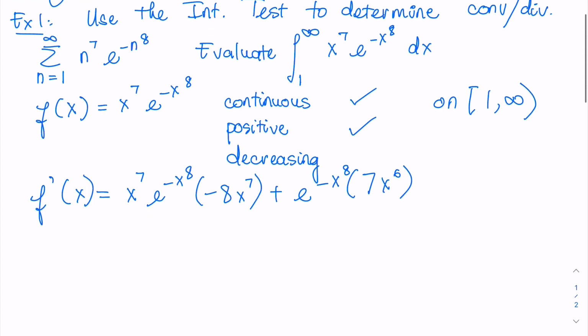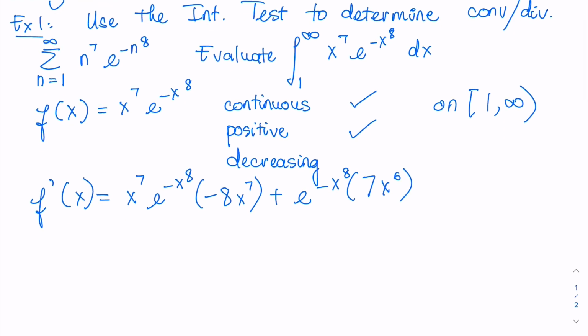Let's rewrite. If I factor x to the 6 power e to the negative x to the 8 power out, I will end up with negative 8x to the 8 plus 7.